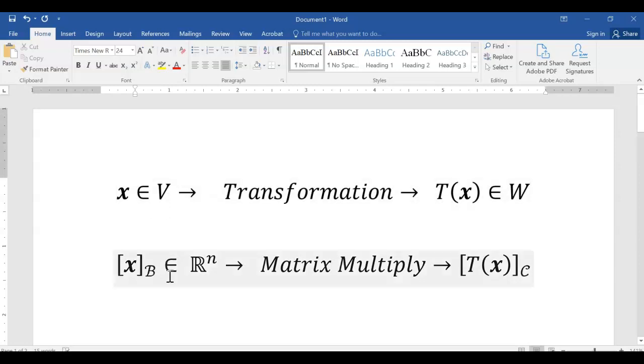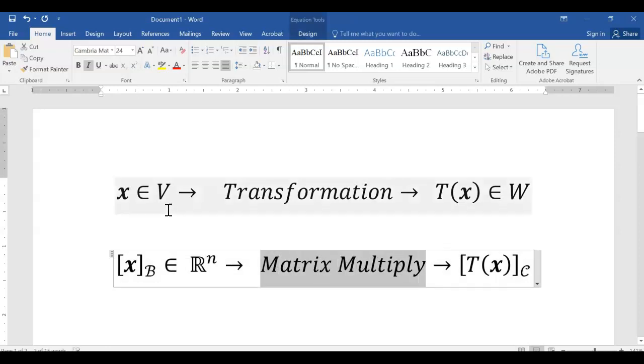So a lot of times it's easier if we can find the right basis. It's easier to change everything into a basis, do all of my matrix multiplications, which are diagonal matrix multiplications, and then change it back into my original form, than it would be to do the transformation by itself.